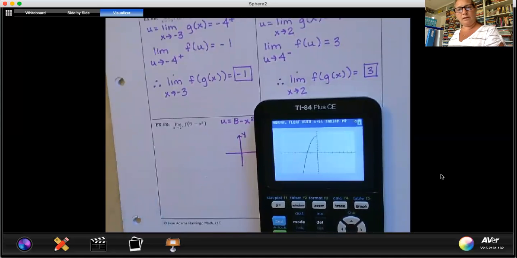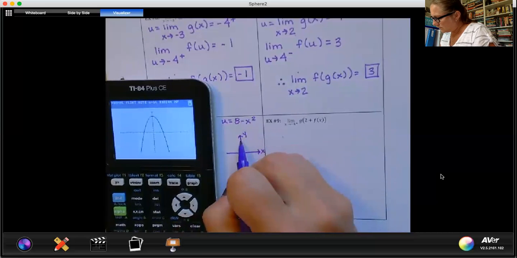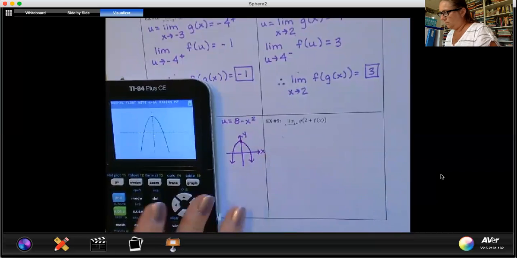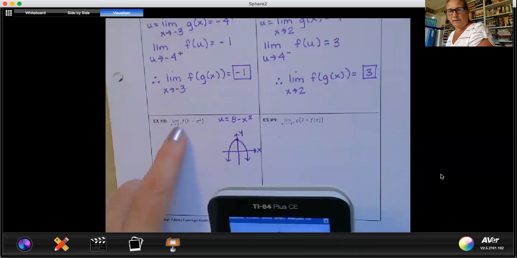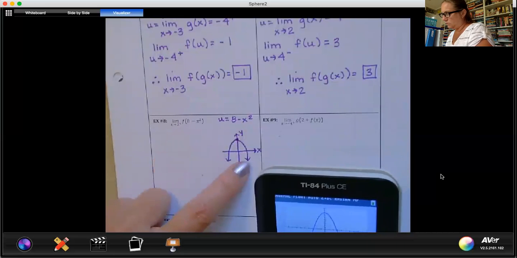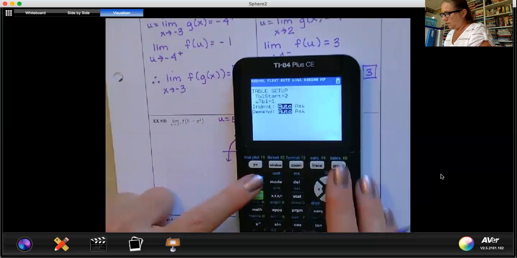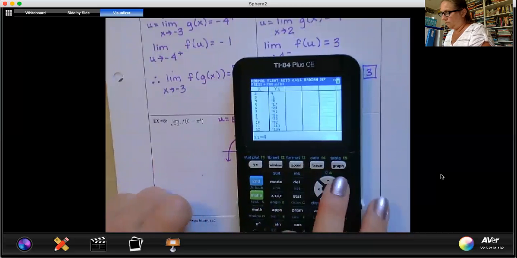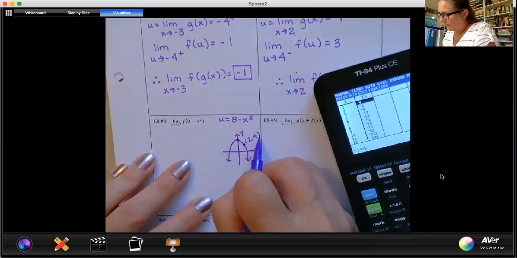Downward facing parabola, y-intercept of 0, 8. And then we need to know what's happening at 2. It is a continuous function. We need to know what is happening 2 from the right. So 2 from the right, we're going to go to second window and go to our chart 2, 4. So the point 2, 4 is going to be here.